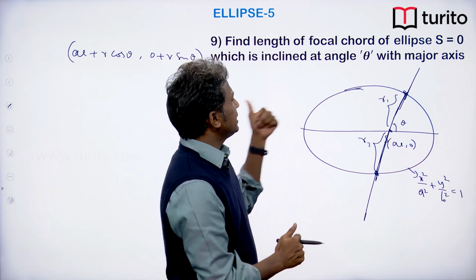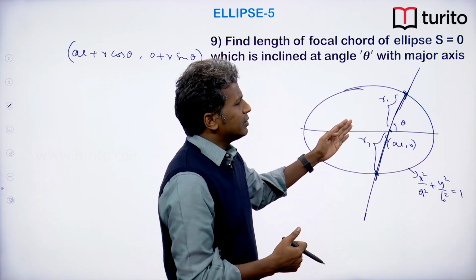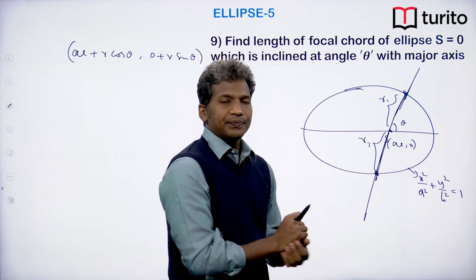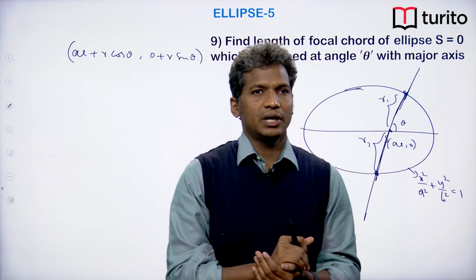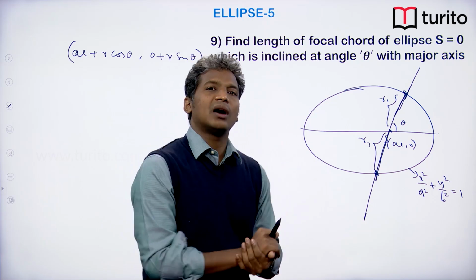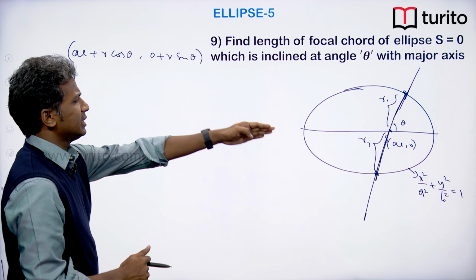Now that we will see after we get the equation. In general, when we proceed in this way, one of r1 and r2 can be negative, but here we will take care of it after we simplify it. So let us say I substitute this in the equation.